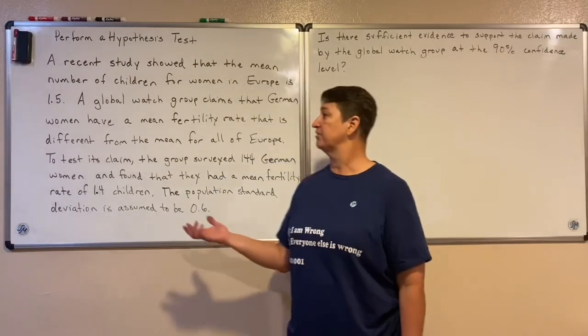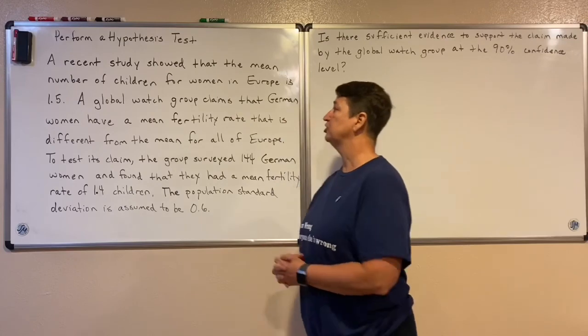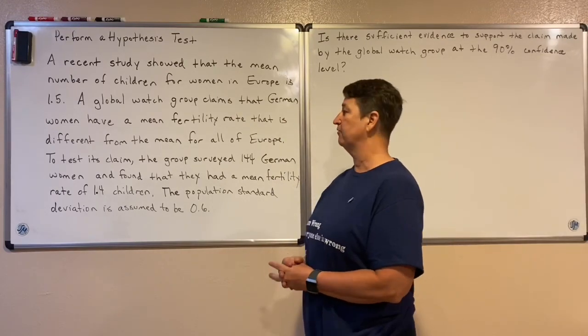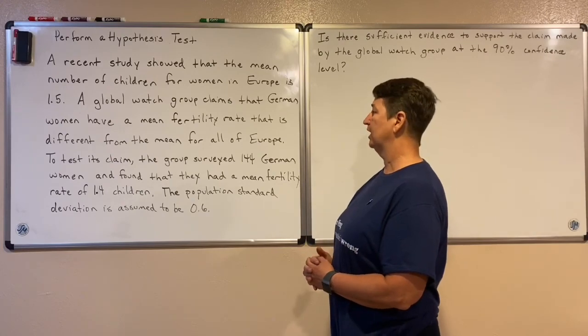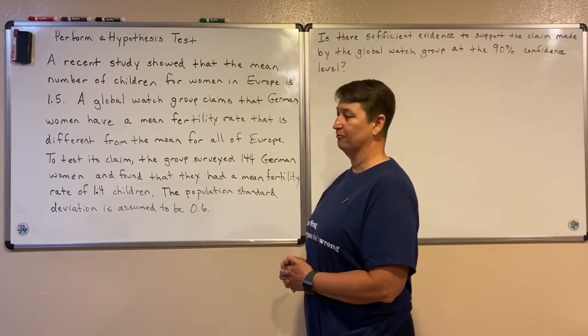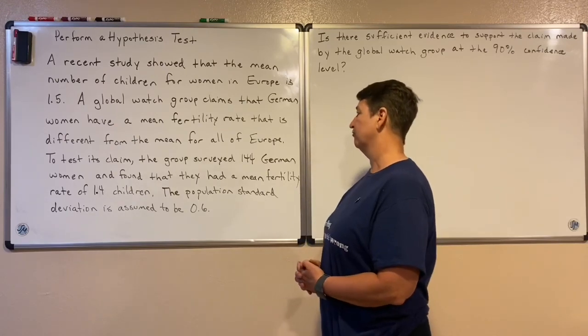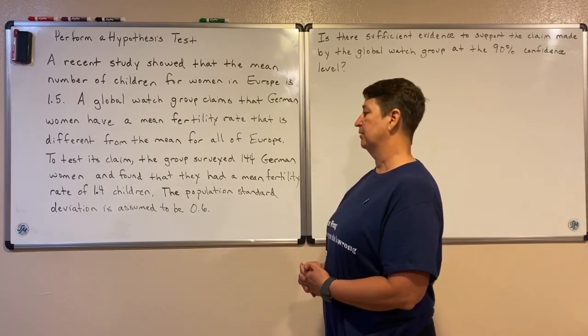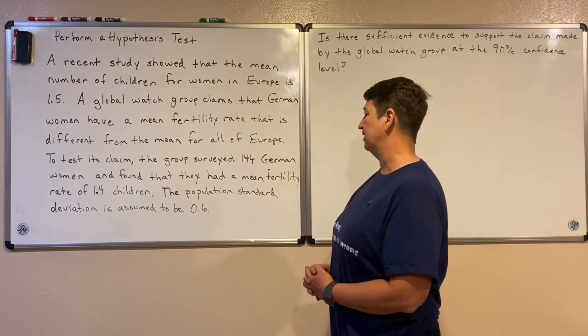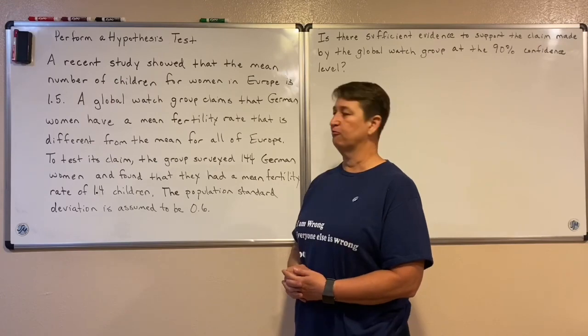So here's an example. A recent study showed that the mean number of children for women in Europe is 1.5. A global watch group claims that German women have a mean fertility rate that is different from the mean for all of Europe. To test its claim, the group surveyed 144 German women and found that they had a mean fertility rate of 1.4 children.